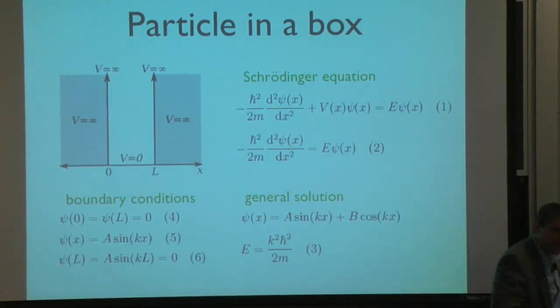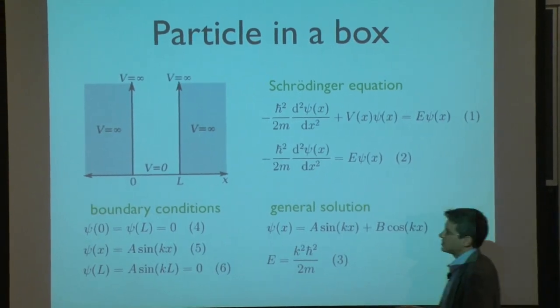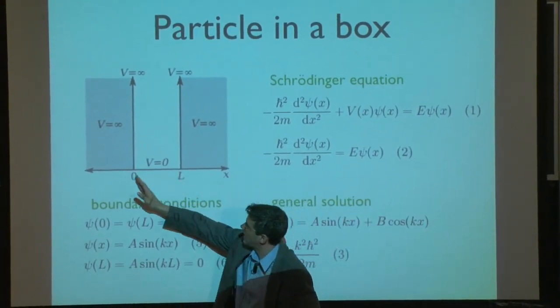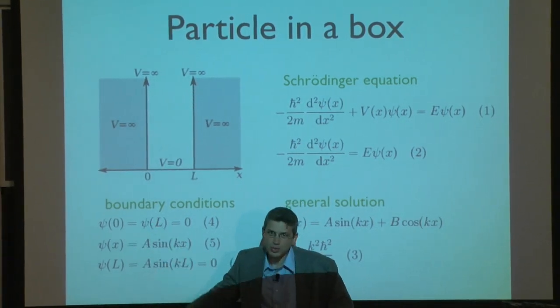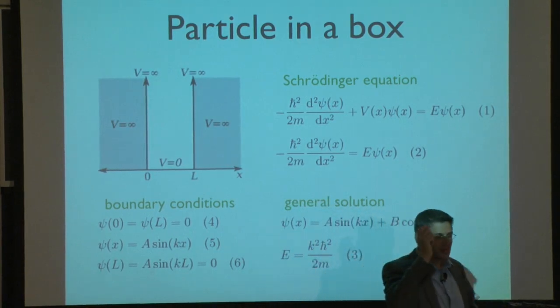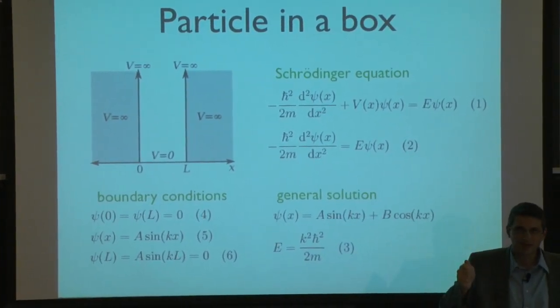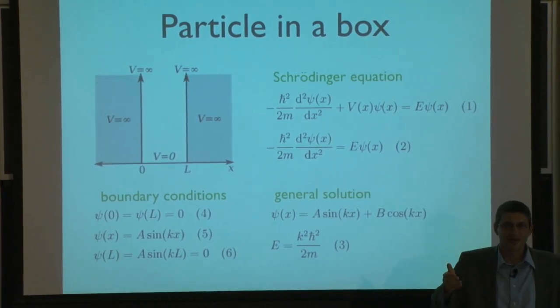But what becomes really interesting and exciting is when you apply the boundary conditions. So when you look at what has to happen here, you have constraints. And those constraints lead to something really important that was really, really frustrating all these people. What is it? Leads to quantization. That's it.